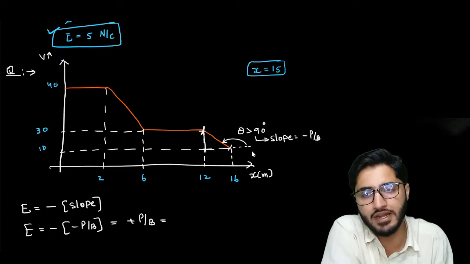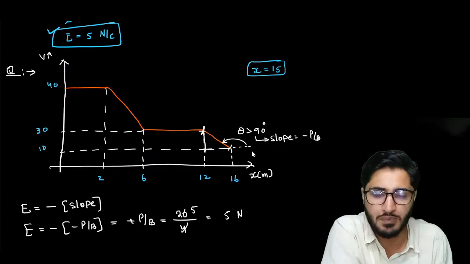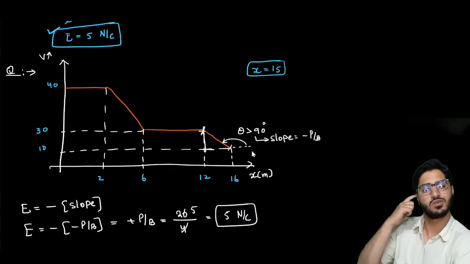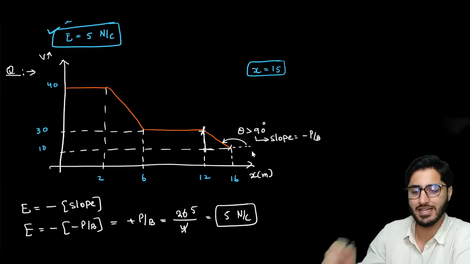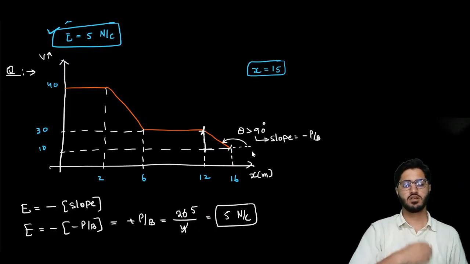It is 30 minus 10, it is 20. What is base? 16 minus 12 is 4. 4 ones are 4, 4 5 are 20. So my answer is 5 Newton per coulomb. Okay. So you need to manipulate your answers like this, no? Super easy.